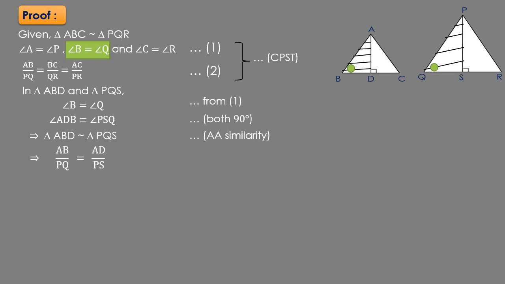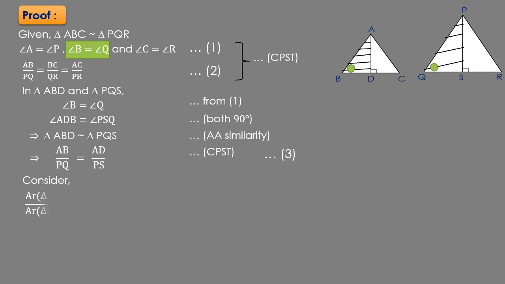So we can write AB upon PQ is equal to AD upon PS, which means that the corresponding sides of the similar triangles and the corresponding altitudes are in proportion. We can write this because they are corresponding parts of the similar triangles. Let us consider this as equation number 3.